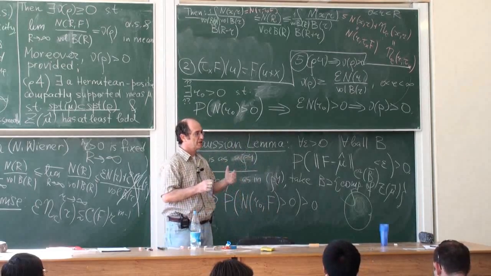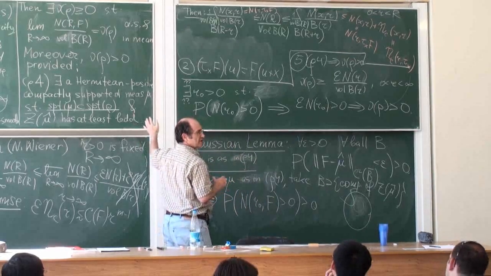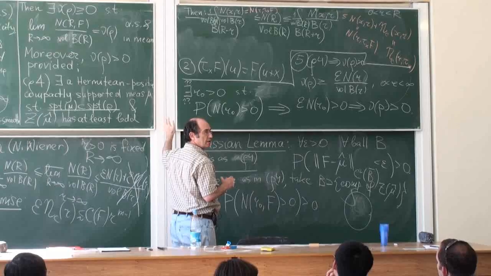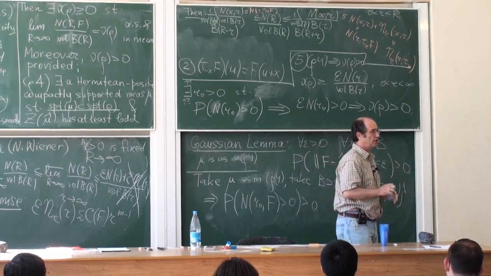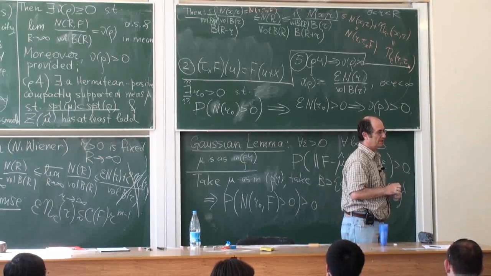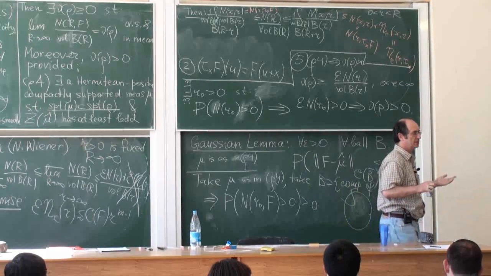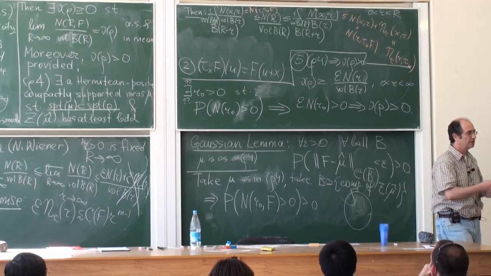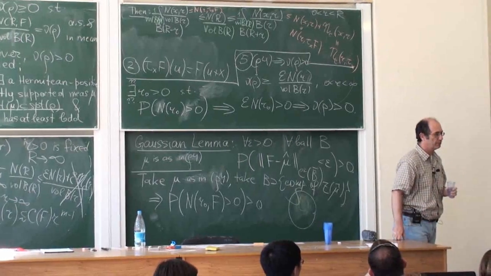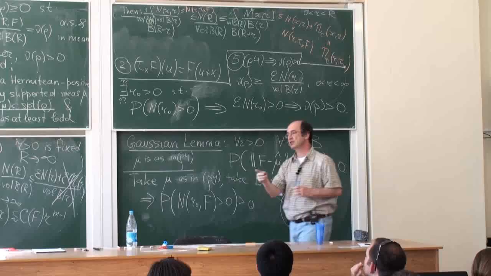So if you have some peculiar measures which do not satisfy this, then I believe that almost surely all components will be unbounded. But for the most interesting examples, measures are not like that. I think this is what should happen. Did I answer your question?